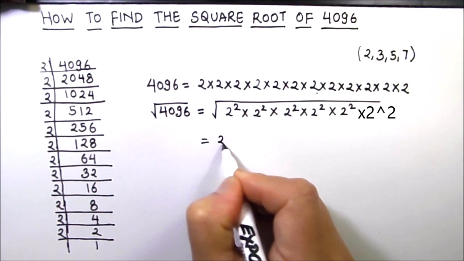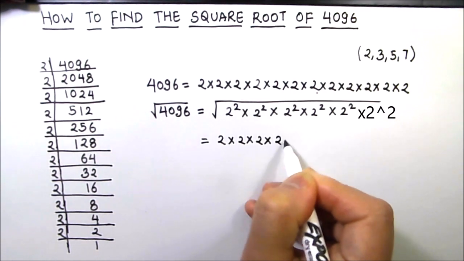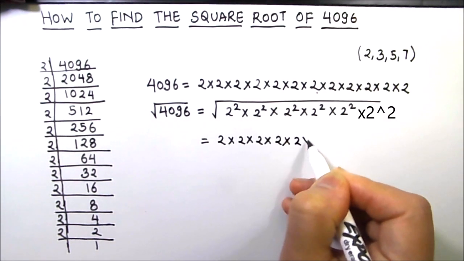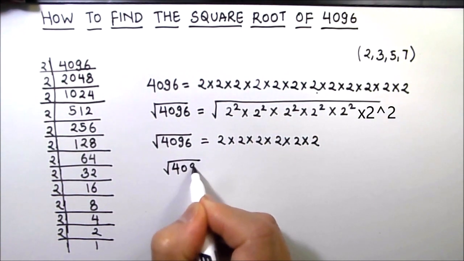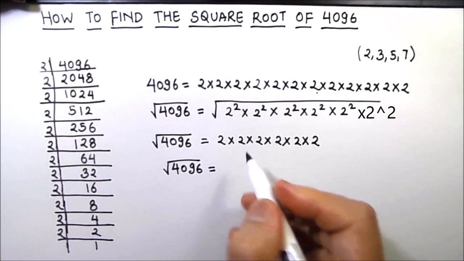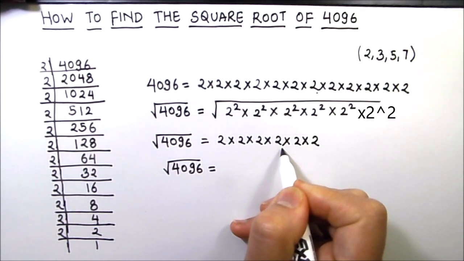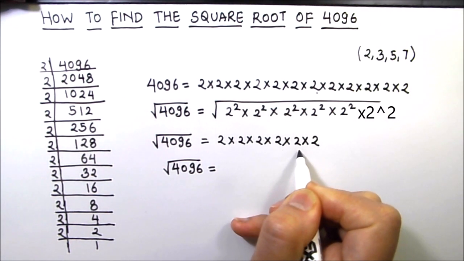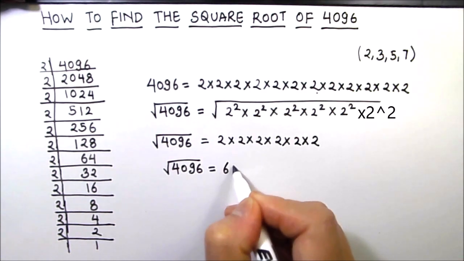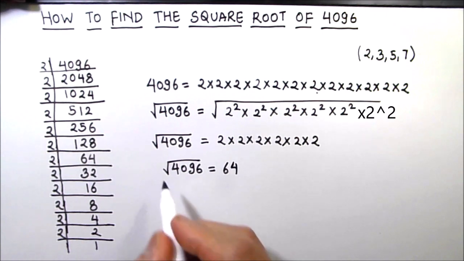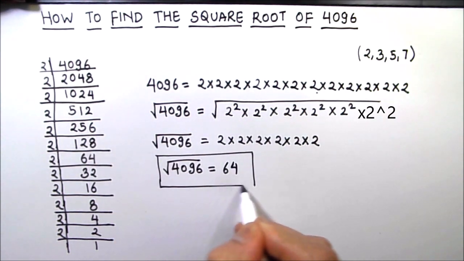So this becomes 2 times 2 times 2 times 2 times 2 times 2. So the square root of 4096 is 2 times 2 is 4, 4 times 2 is 8, 8 times 2 is 16, 16 times 2 is 32, and 32 times 2 is 64. So the square root of 4096 is 64.